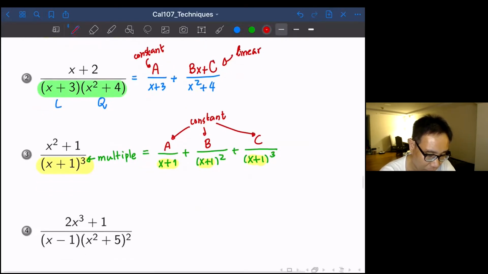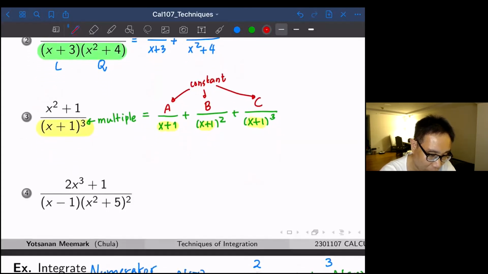Another one, you see that it's going to consist of multiple. Let me highlight the multiple. And you have this one is linear, and this one turned out to be quadratic.